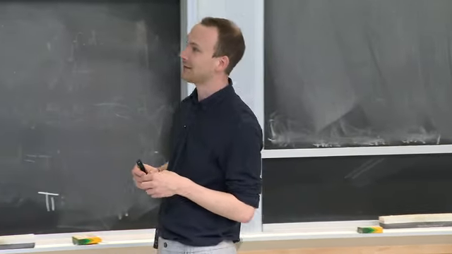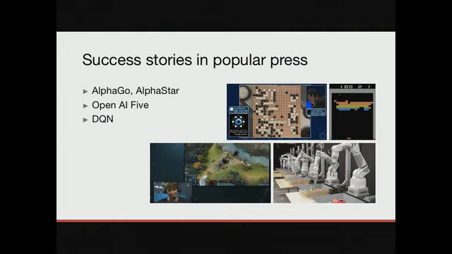Okay, so I'll start by just briefly mentioning some success stories. And these are not from the healthcare setting, as you can guess from the pictures. How many have seen some of these pictures? Okay, great, almost everyone. Yeah, so these are from various video games, almost all of them. Well, games anyhow. And these are good examples of when reinforcement learning works.